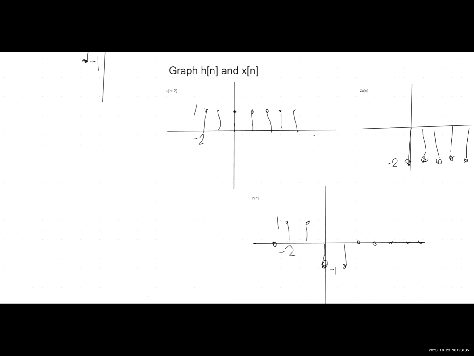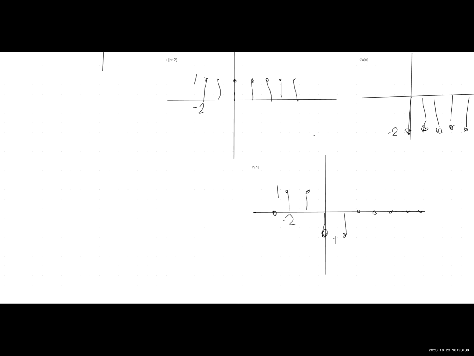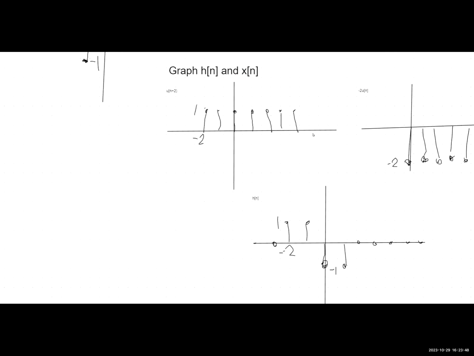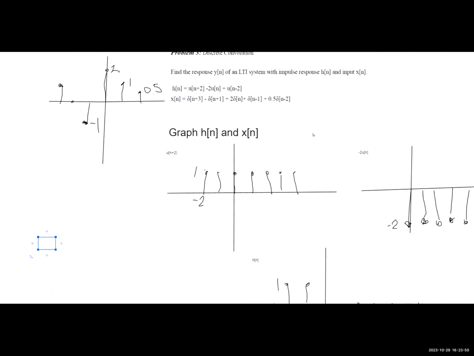Okay, so now that we have our x of n and our h of n, it's time to actually find the system response. The question already expresses x of n in terms of deltas. So now to make y of n, we just replace all the deltas with h's.